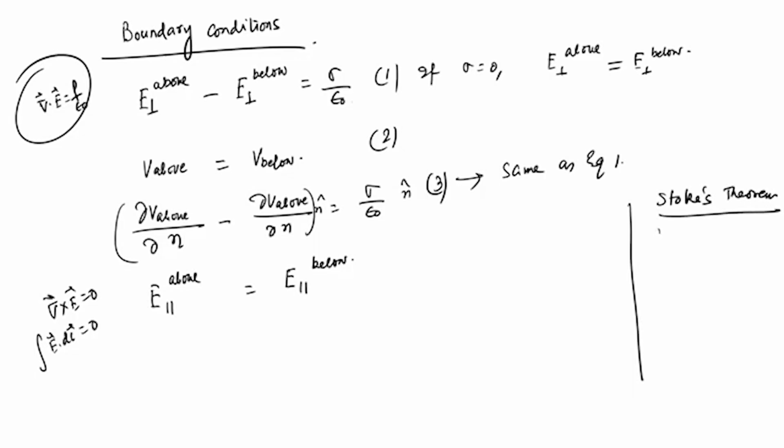It says that for any vector field, the line integral of the vector field is the surface integral of the curl, okay. And the relation between the surface and the line integral is that: there is a surface S, and this is the loop L or dl, okay.